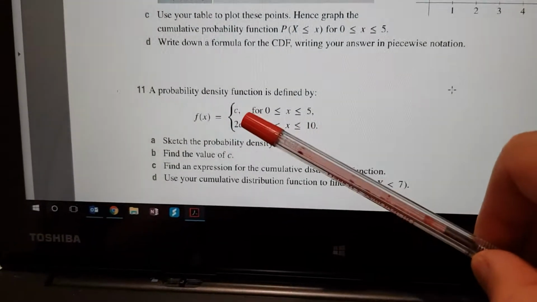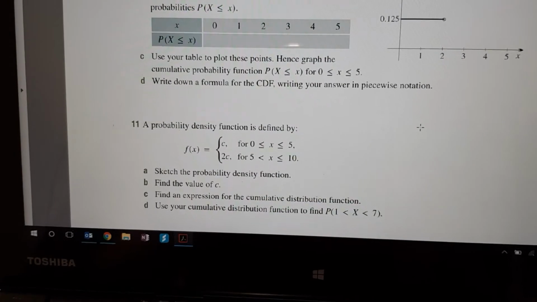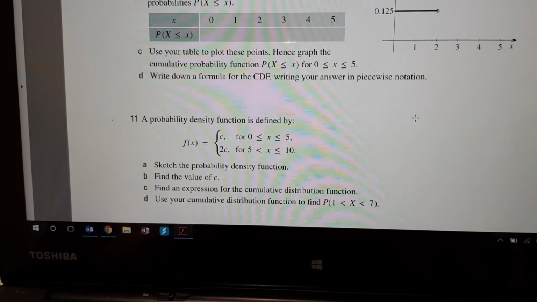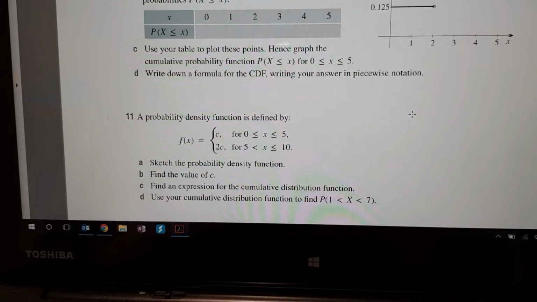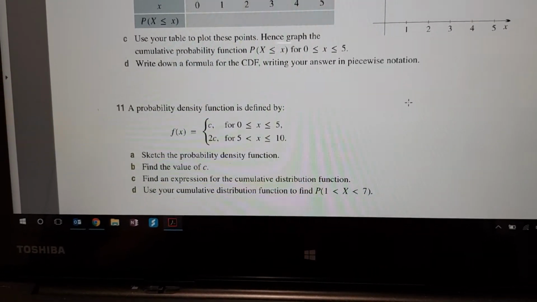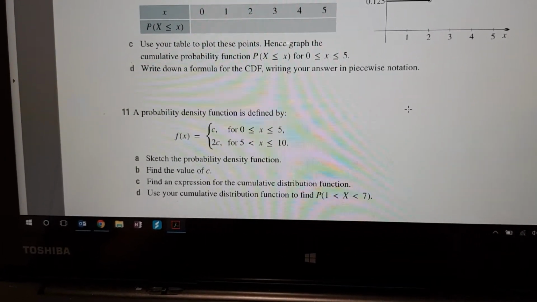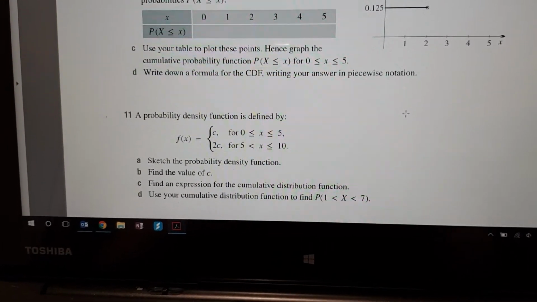So that's that part. All right, so as usual, sketching it, and then part B is finding the value of C, and then find an expression for the CDF, and part D is to find the actual probability between x equals 1 and 7.